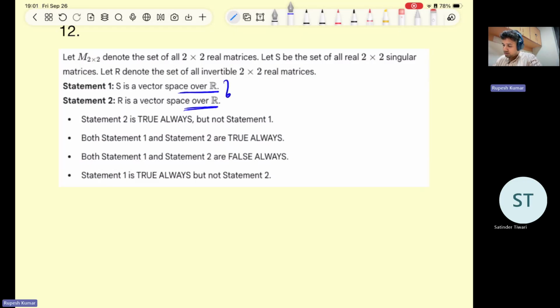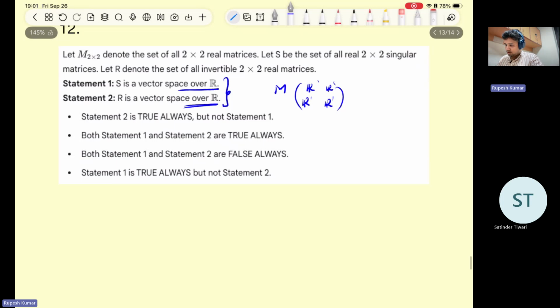So this essentially says that the matrix input domain is R. So the domain is R. Basically, all its entries are in R space, right? Now the question says, let's check if these two sets satisfy the vector space properties.